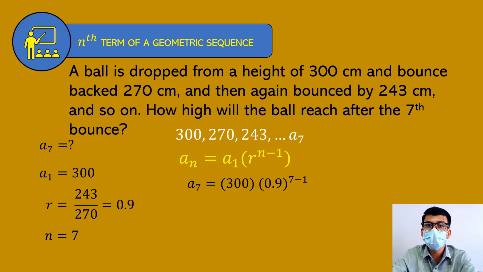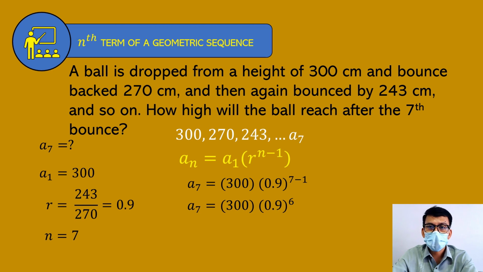Substitute the given in the formula. Your n is equal to 7, so a sub 7 equals your first term 300 times your r, 0.9, to the power n, substitute by 7, minus 1. So 7 minus 1, that is 6.